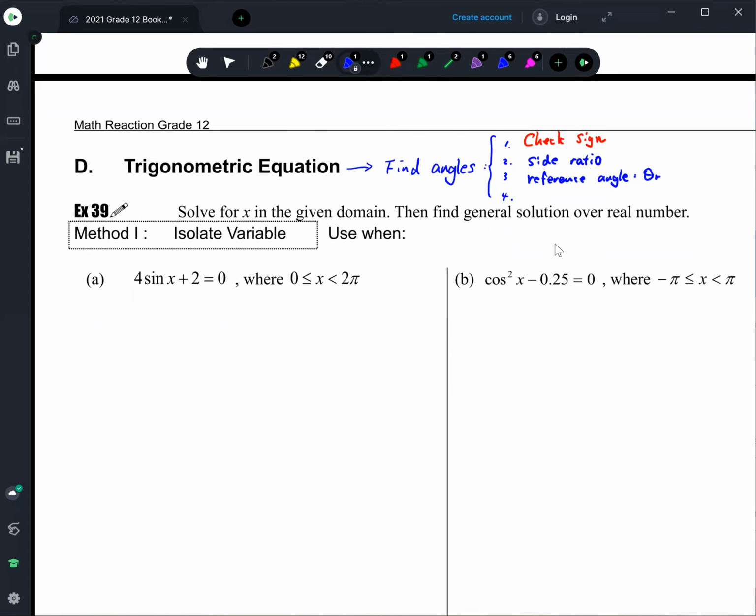They are backwards, forward and backwards. Okay, Eric? You check the sign if it's positive or negative. That's step 1. Yeah, that's the step 1 for find exact value, but now we are finding angles. You have it, Eric?